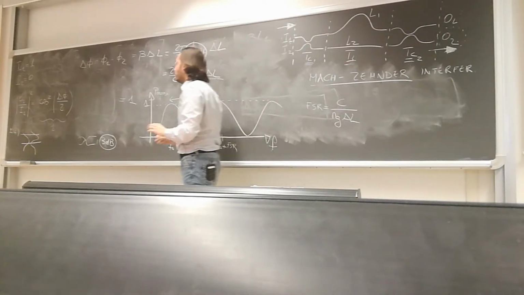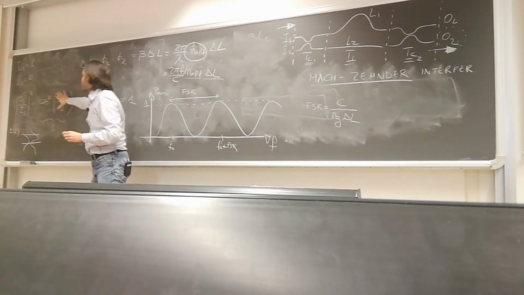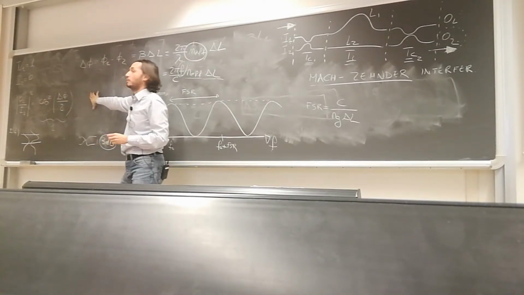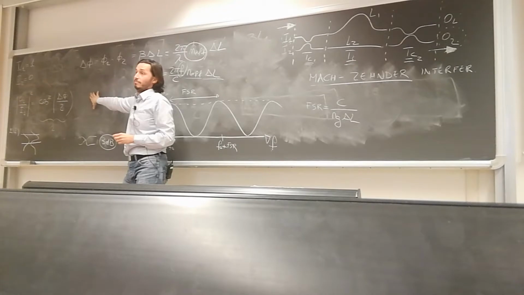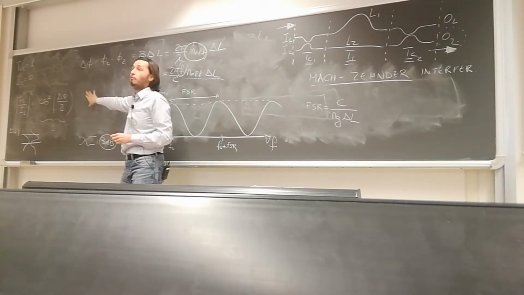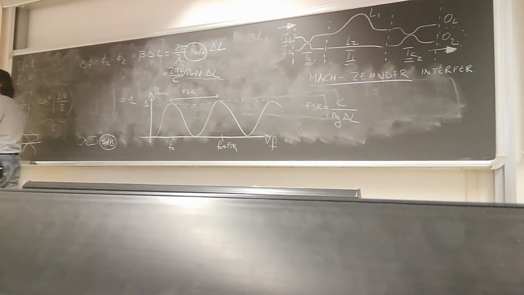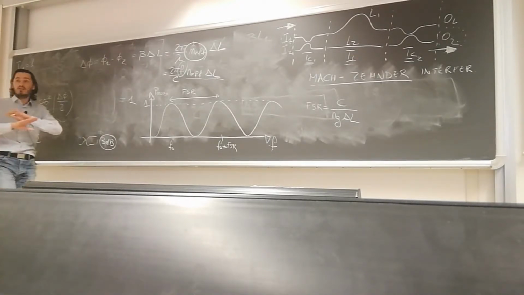So the conditions that I have written here, this and this one that has disappeared, must be fulfilled for both. So first problem, to realize a 3 dB splitter that splits the power 50-50 for both the first mode and the second mode. It's not easy.